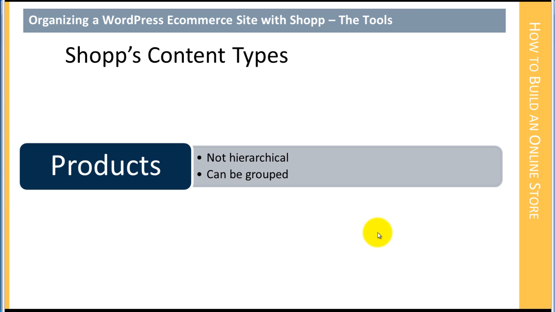Okay. Well, Shopp also has some tools, and its tools can be understood in the same way. It has a content type, and that content type is products. And products are not hierarchical, and products can be grouped. So products behave very much like posts, although they are not posts.